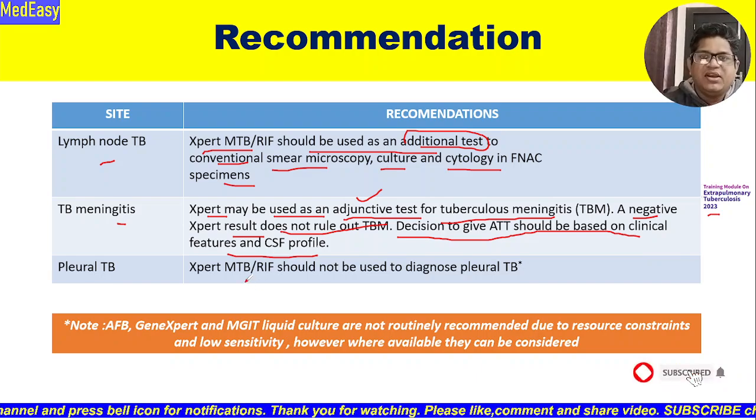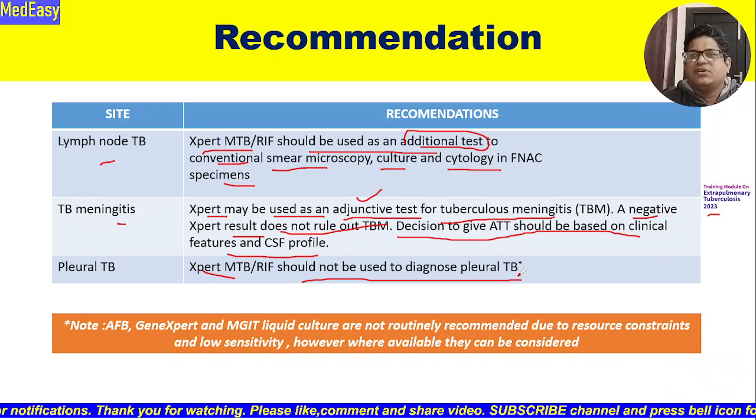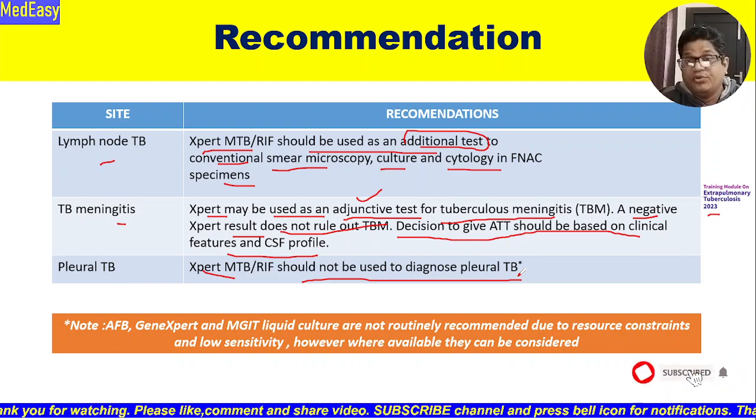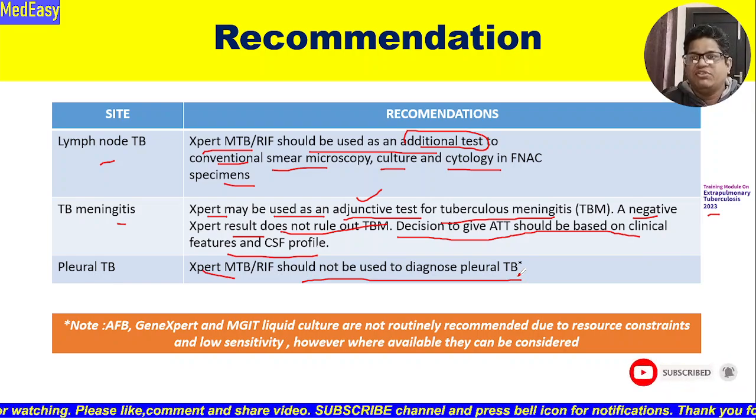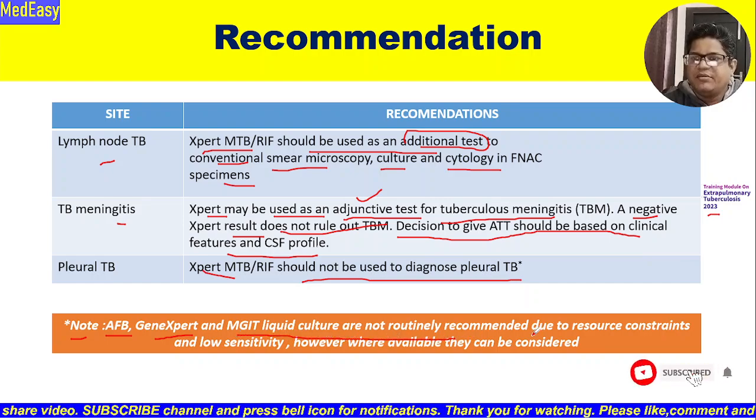And in pleural TB, GeneXpert should not be used to diagnose pleural TB. However, they say this again because of the low sensitivity, but still in pleural fluid also, if the facility is there, we should always do a CBNAAT. Here there is a condition that AFB, GeneXpert, MGIT liquid culture are not routinely recommended due to resource constraints and low sensitivity.